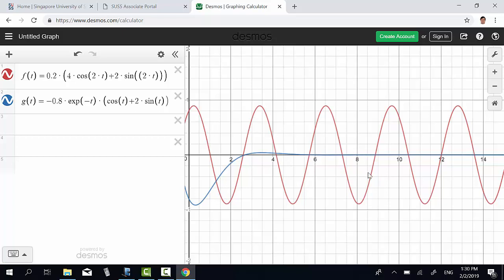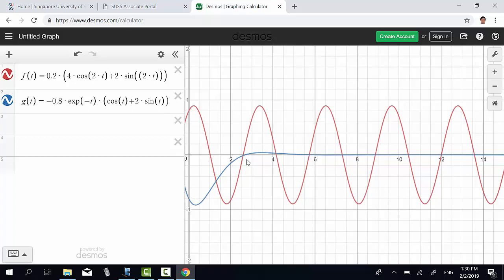This is a trigonometric graph. And then I also input g(t) equal to minus 0.8 times exponential of minus t times cosine t plus 2 sine t.